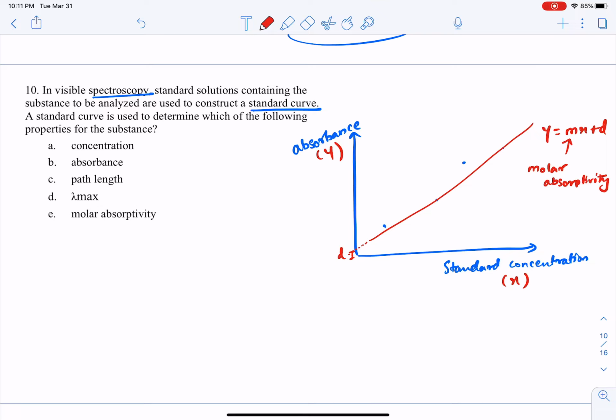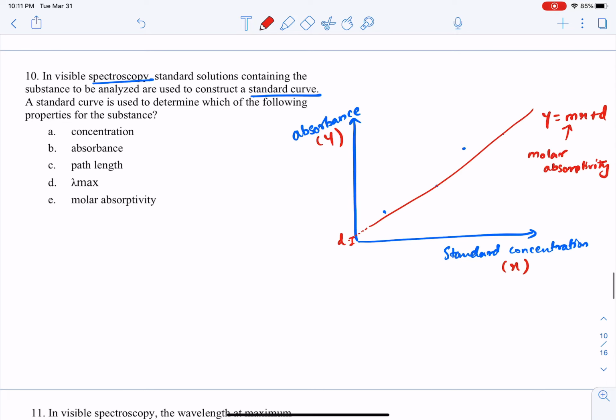What I'm trying to say is absorbance is equal to molar absorptivity multiplied by path length multiplied by concentration. So A, absorbance, is y, molar absorptivity is the slope, path length was 1, and the concentration is x.